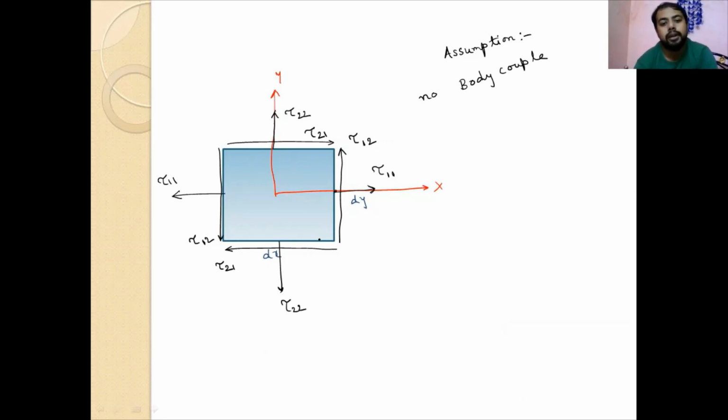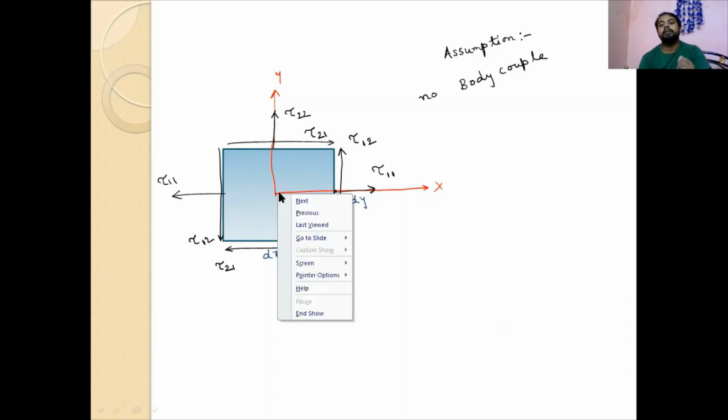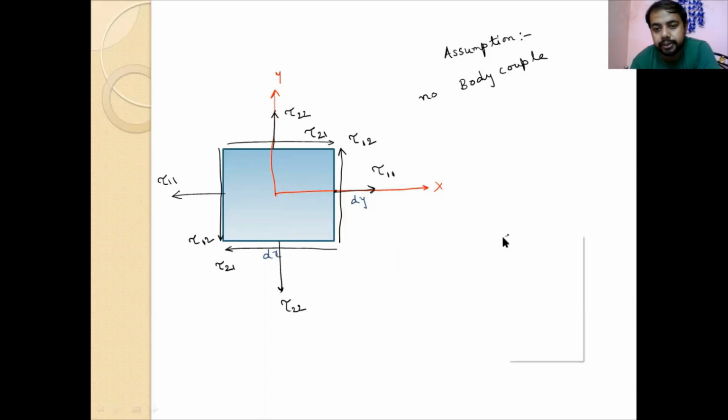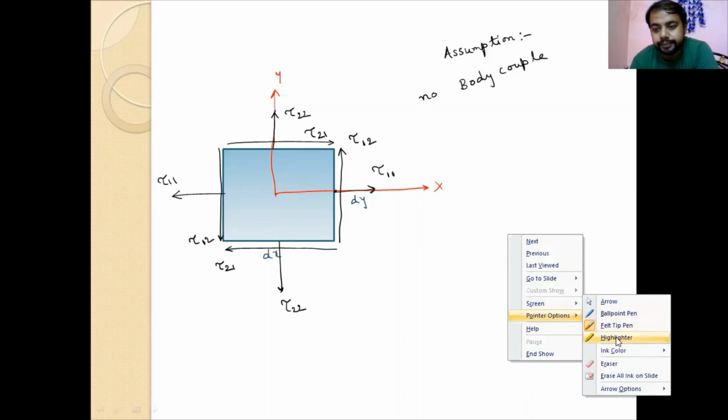Now, if you consider the moment analysis, the total moment about the z-axis. What is the z-axis? The z-axis is perpendicular to the plane.